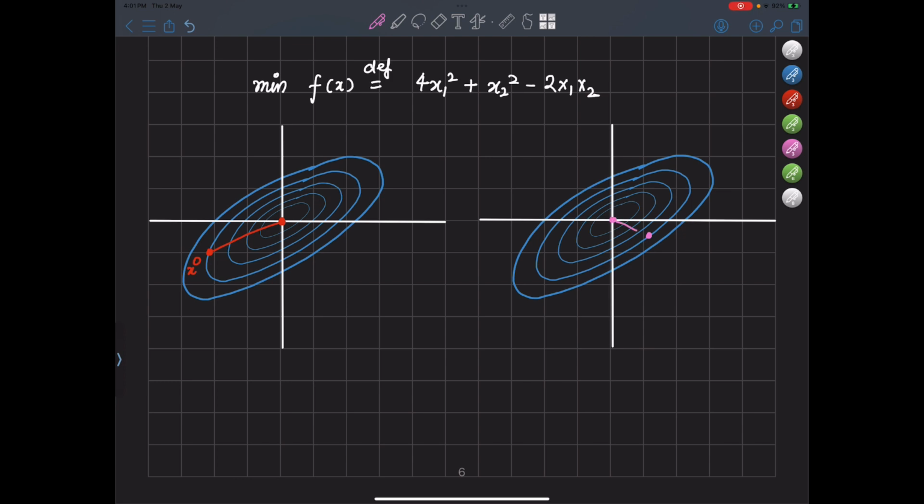Even from here you will converge to the minimum in one iteration step.